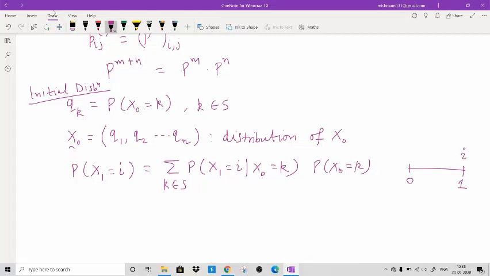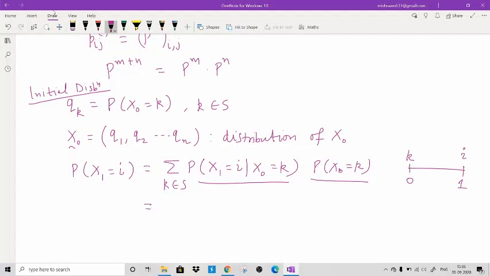At time 0 you can be in any state k, and then you move from k to i. You start from state k and then you move from k to i, but k can be anything. So k belongs to S.